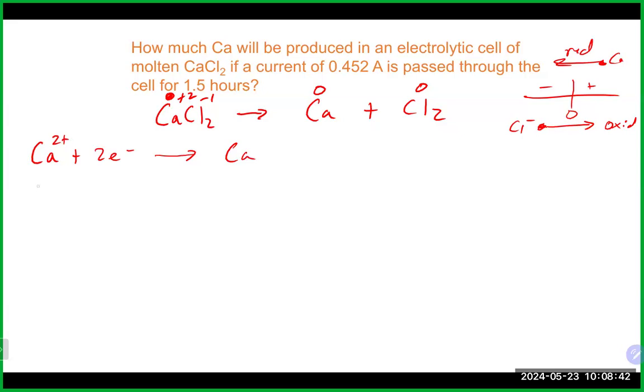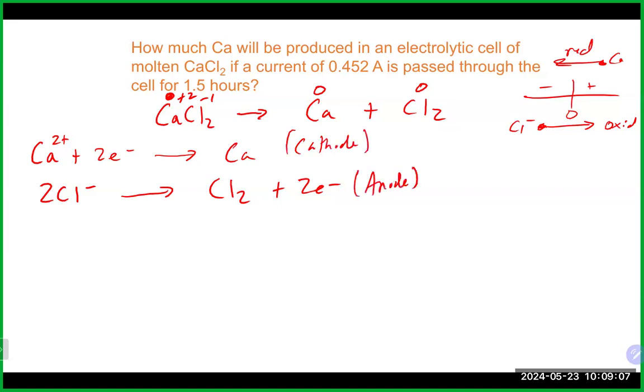And for our other one, a couple of chlorides are going to lose some electrons on the other side. Any questions? All right, so these are our half reactions. This is our cathode reaction, and this would be our anode reaction.